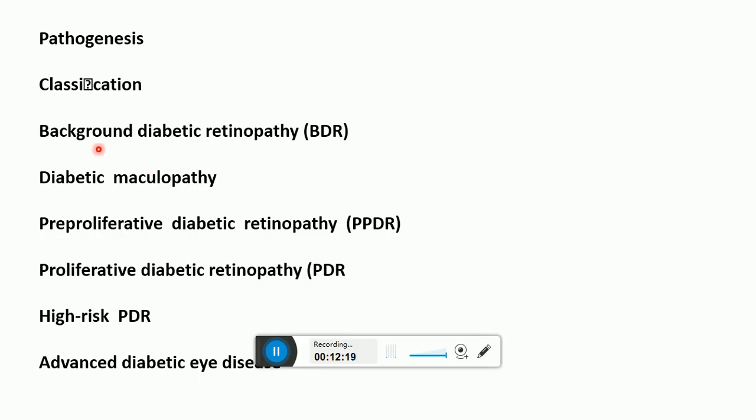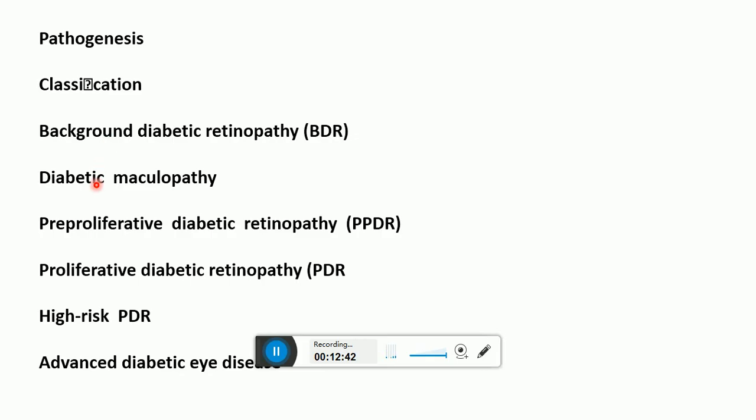Number 1 is background diabetic retinopathy. It is characterized by microaneurysms, dot and blot hemorrhages, and exudates. These signs generally are the earliest signs of diabetic retinopathy and persist as more advanced lesions appear.